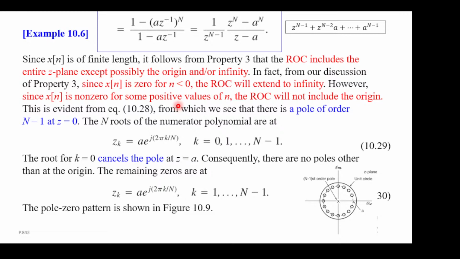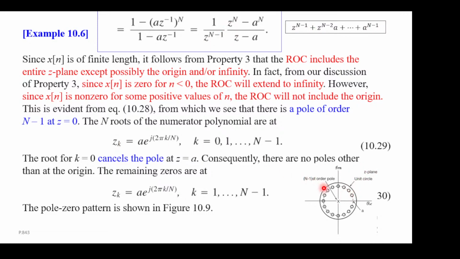Okay, and from this form, we see that as z goes to infinity they all converge, because this is a polynomial where the numerator power is equal to the denominator power.